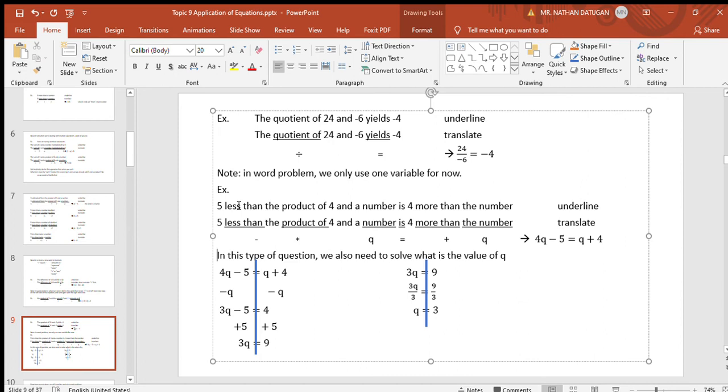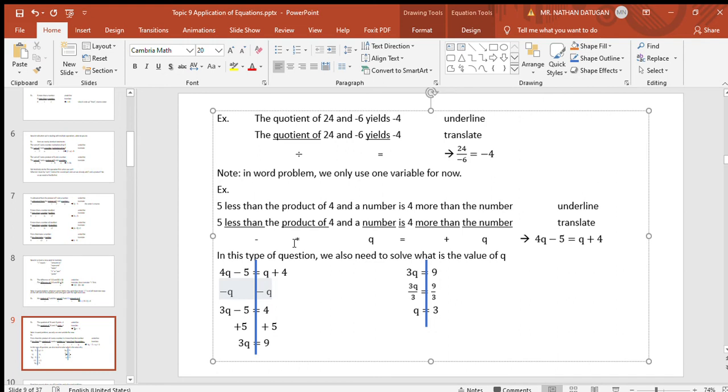You have to also find what the value of the variable is. So now we have 4q minus 5 equals q plus 4. Again, this is why I warned you about topic 8. So in this case, what do we do?